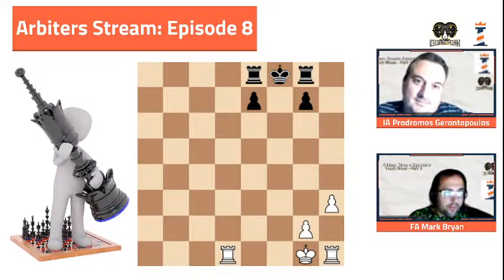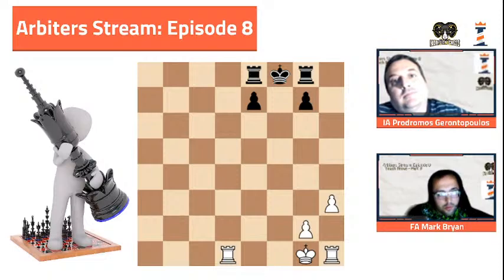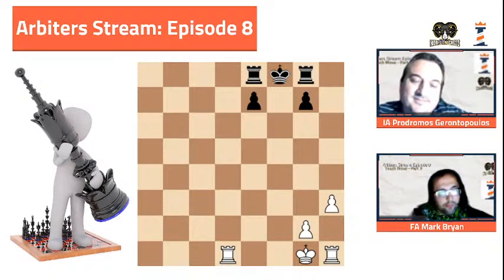So basically the arbiter has to tell you, look, the flag has fallen. If the arbiter has told you flag fall and then you play your move, then of course it's flag fall. But if you do checkmate and your flag has fallen and nobody realized, then your checkmate counts, because checkmate ends the game.